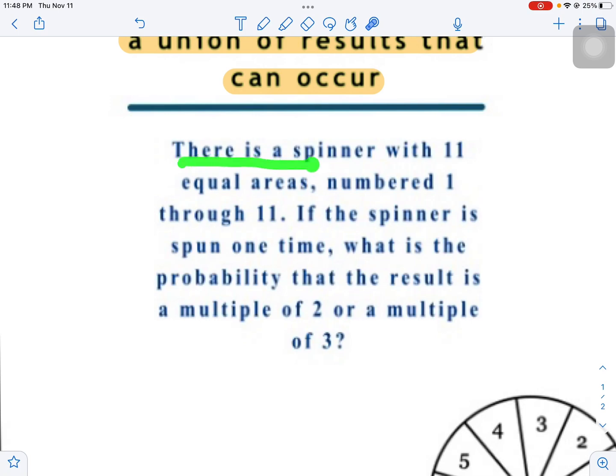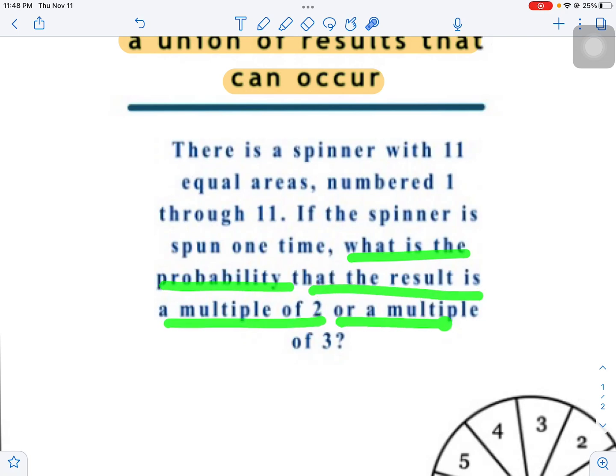There is a spinner with 11 equal areas, numbered 1 through 11. If the spinner is spun one time, what is the probability that the result is a multiple of 2 or a multiple of 3?